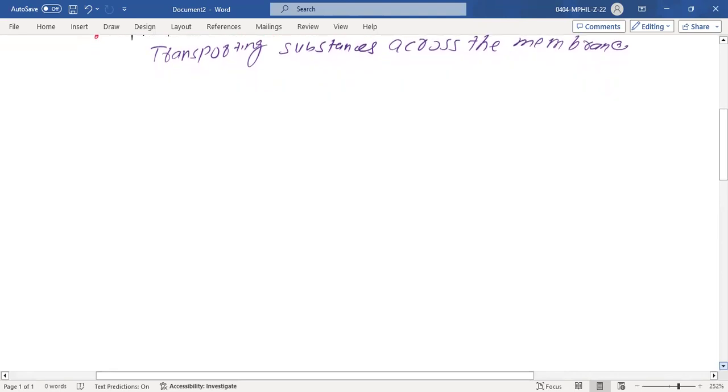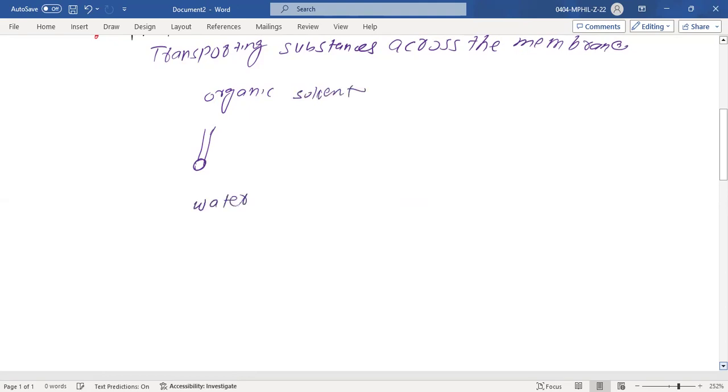We have studied about this, that for instance you have this example here in this case, and we can easily categorize it. Like I'm saying, here is an organic solvent on this side, and you may have water on this side, because we can show that this head is actually what?